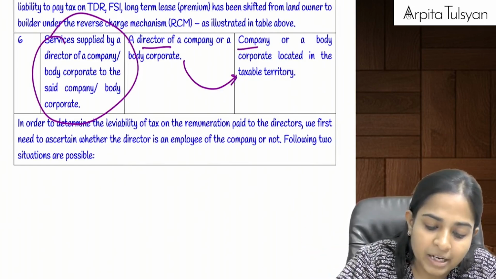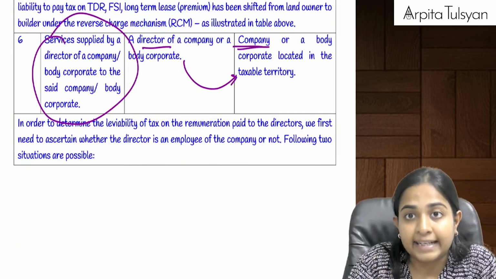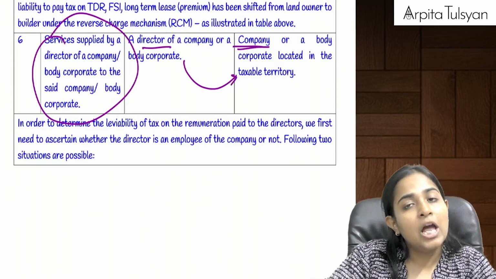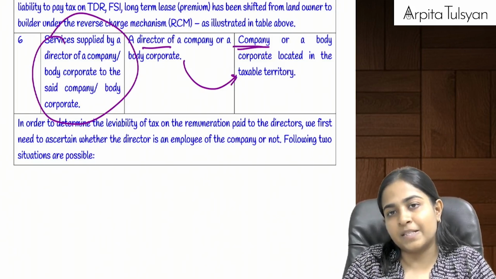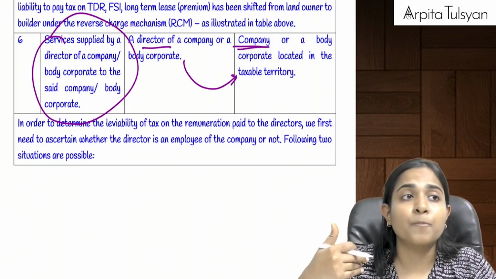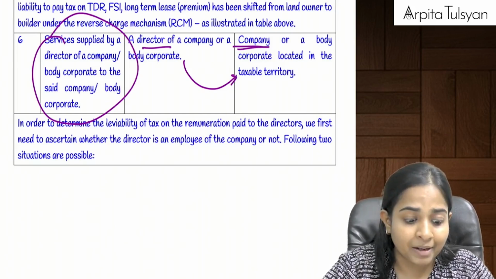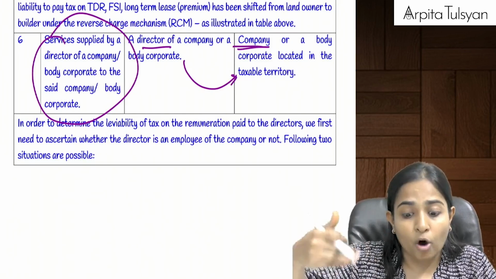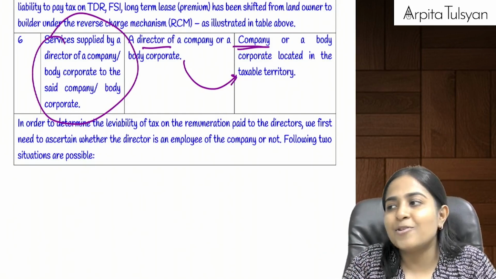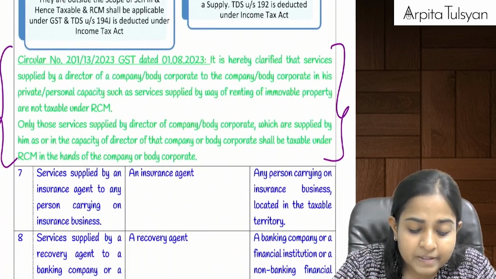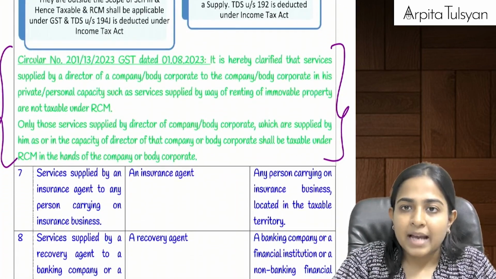For the company, means in the capacity of a director, when he is providing the service to the company, only at that time reverse charge mechanism is applicable. What if the director is providing any services in his personal capacity or in his private capacity? Example, he is giving some property on rent to the company, that he is not giving in the capacity of a director. So at that time reverse charge mechanism is not applicable. Are you clear with this?